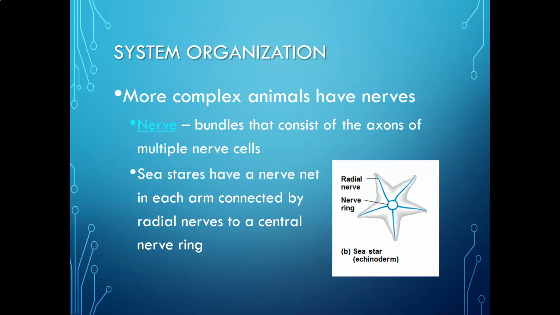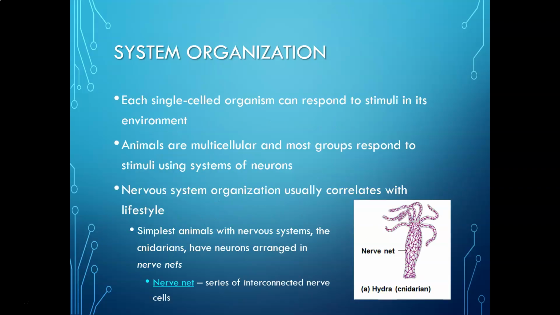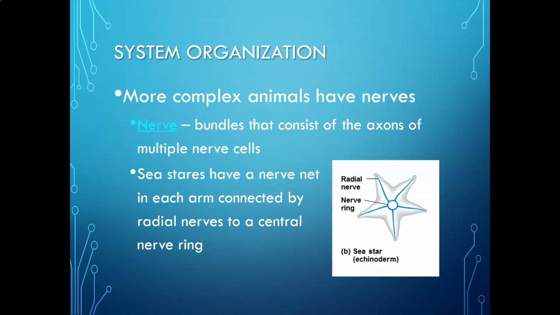And if you don't know what an axon is, sit tight. We'll get to the structure of a nerve in more detail later. But we're talking about these nerve nets, and these aren't true neurons as we're going to talk about them as things progress. It takes us until we get to something a little bit more complicated, like these sea stars, to take that nerve net and now bundle it together into a true nerve.